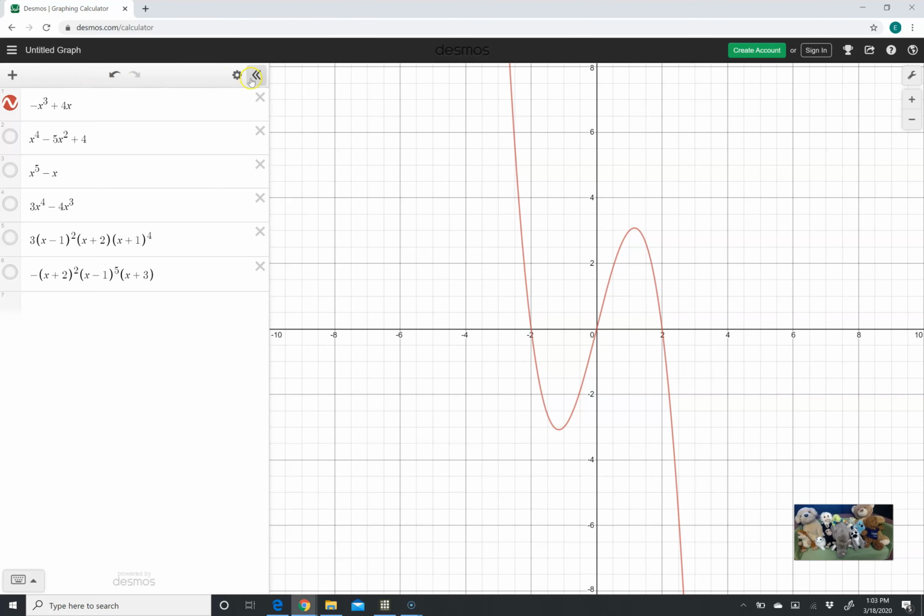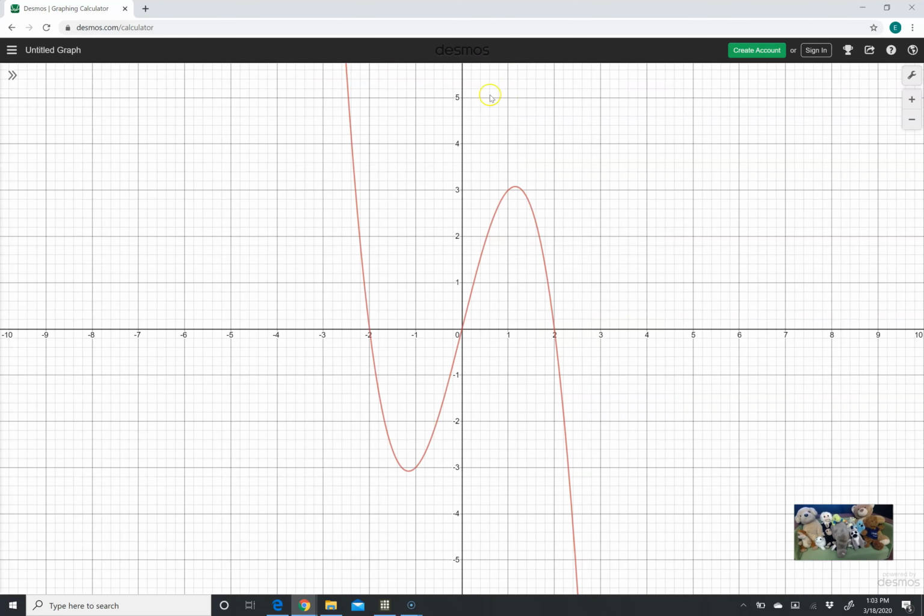So if you remember, we look at a graph going left to right, and we talked about increasing and decreasing functions. So if we look at the graph from left to right, we could see that over here, the graph, meaning the y values, are decreasing as we go left to right. So we would consider this decreasing.